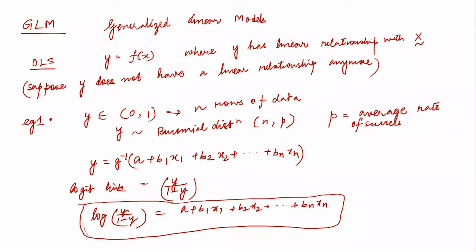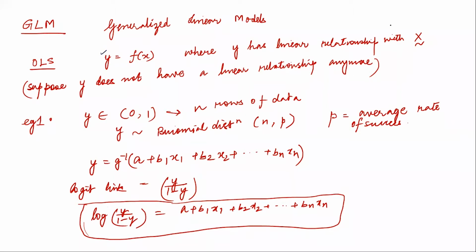everybody has learned regression, but we will do a quick revision of that. So in case of OLS, ordinary least squares, we have a functional relationship y equals f(x), in which y, the dependent variable, has a linear relationship with x values. That's what happens in case of OLS.